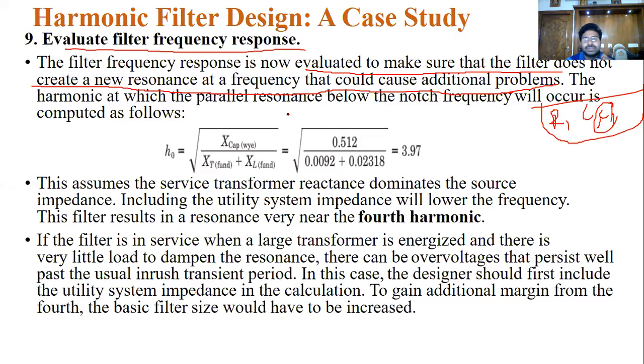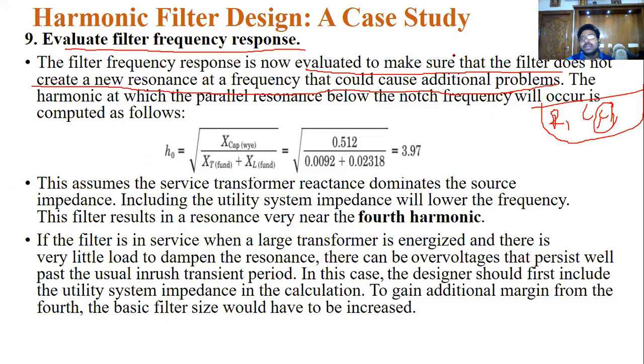So now see this. According to our calculated values, remember, what is our calculated value? The inductance value, capacitance value, and total current values according to the fifth order harmonic. Based on those values, we calculated for the fifth order. So what is the filter frequency response?